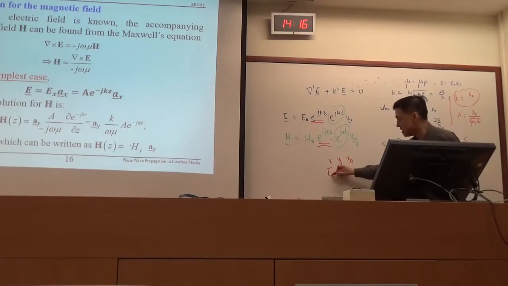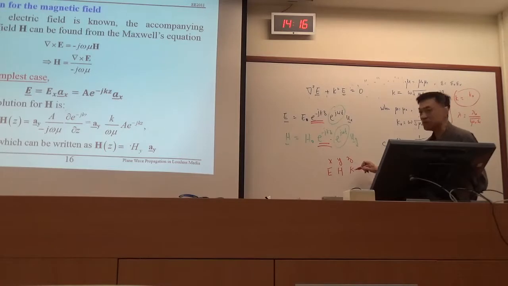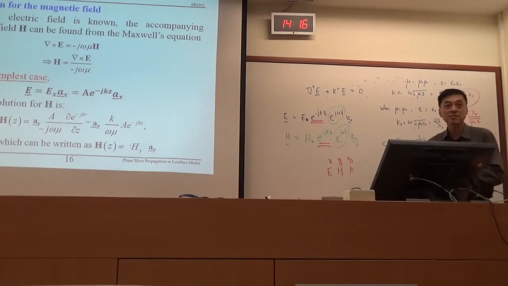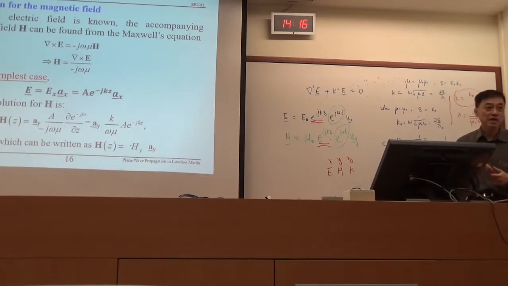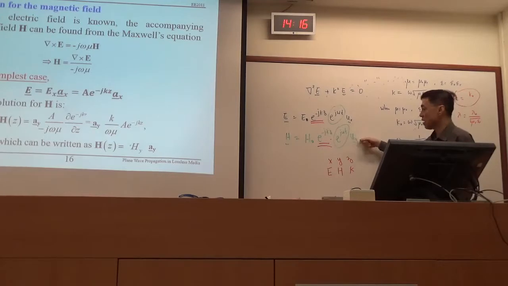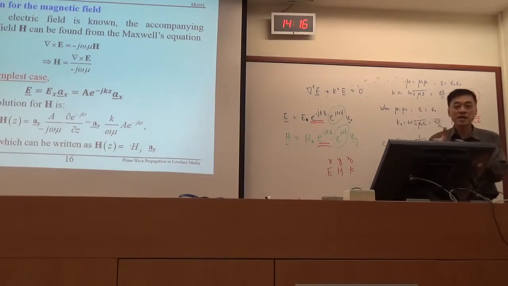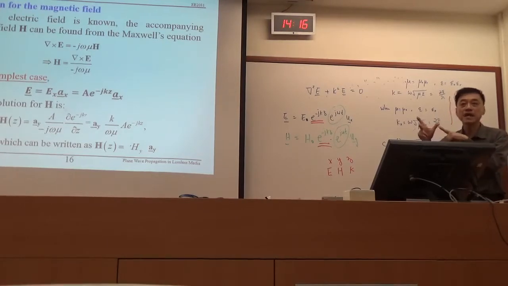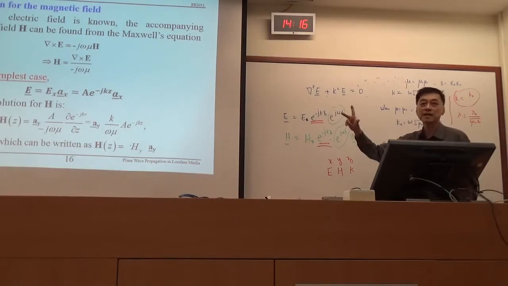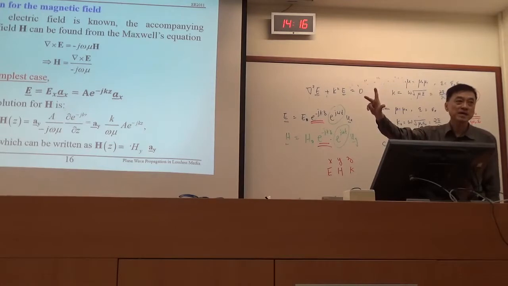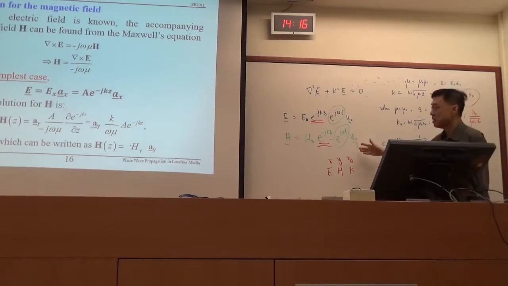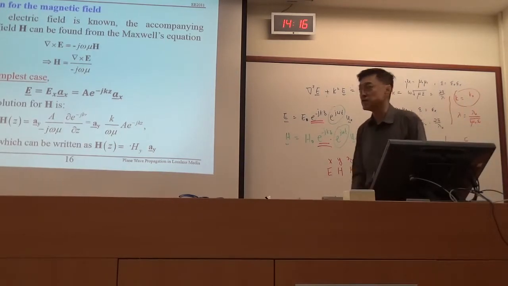If E is in X, H will be in Y, k will be in the Z direction. So E, H, and k form a right-hand rectangular coordinate system.